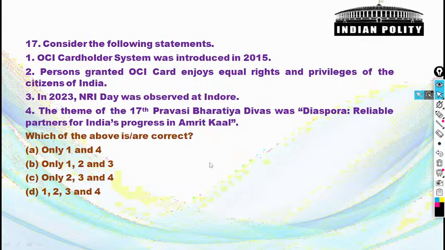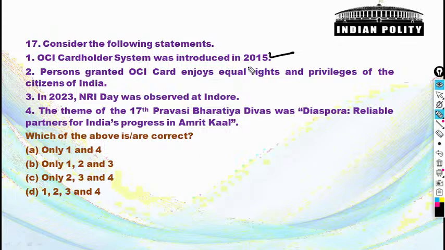Look at 17. The OCI cardholder system was introduced in 2015. It absorbs OCIs and PIOs.